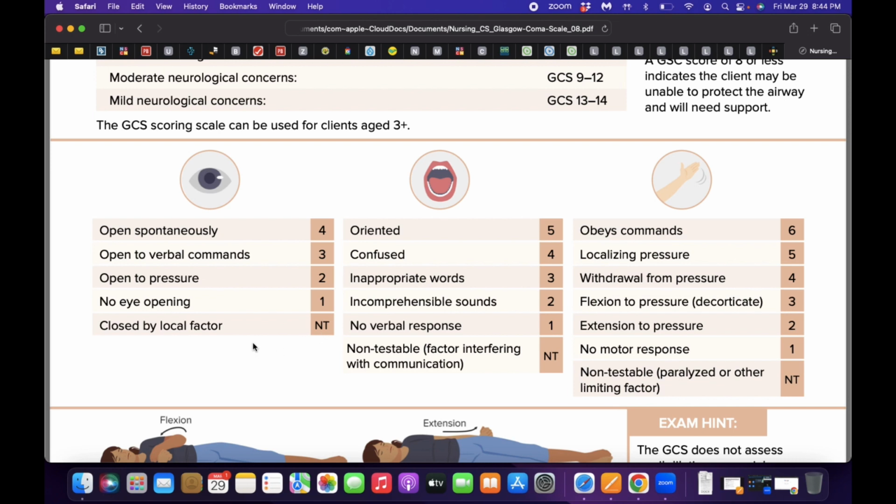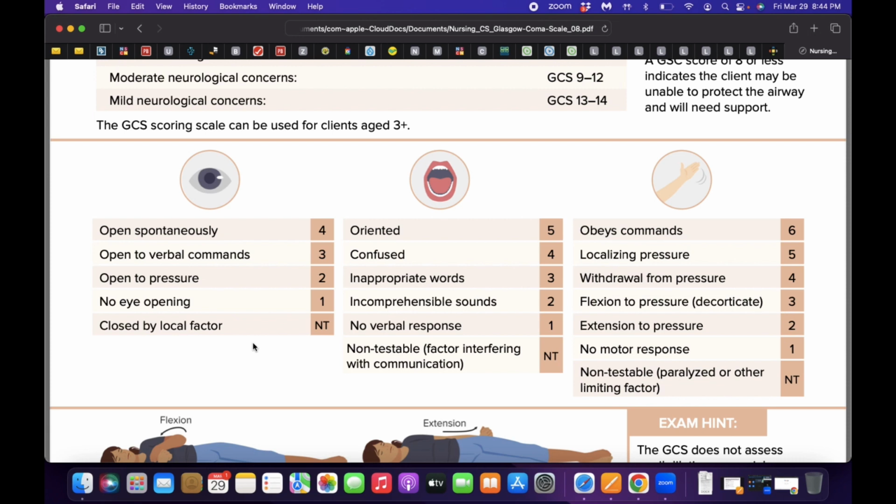The score of 4 means that you can open your eyes and keep them open on your own. The score of 3 means you only open your eyes when someone tells you to do so. Your eyes stay closed otherwise. The score of 2 means that your eyes only open in response to feeling pressure. And the score of 1, your eyes don't open for any reason.